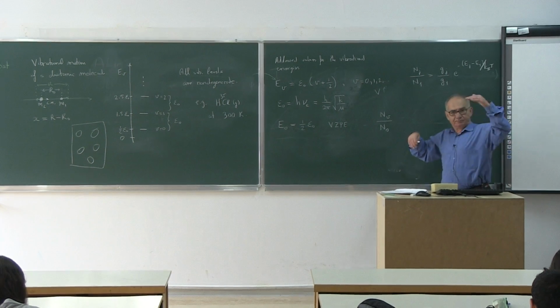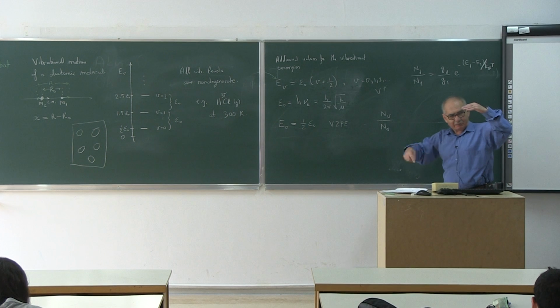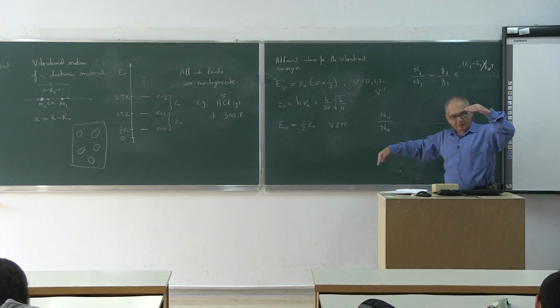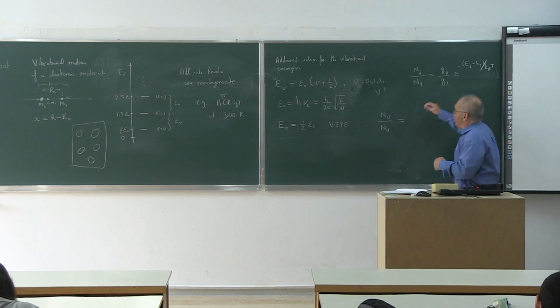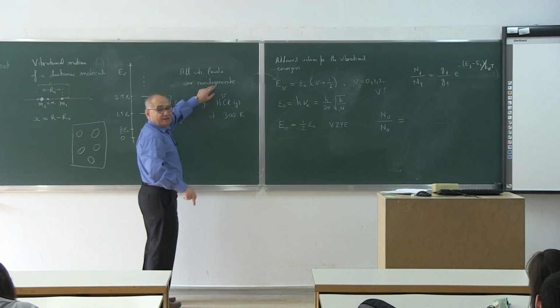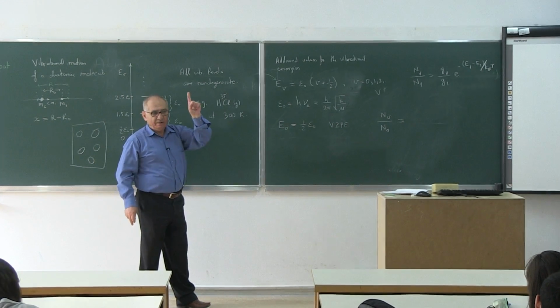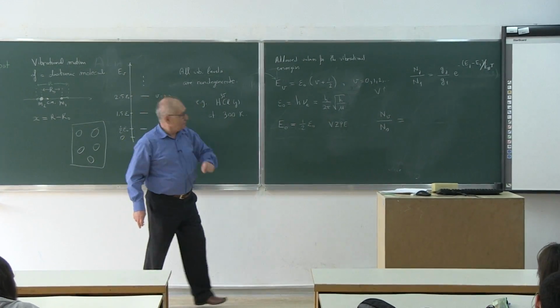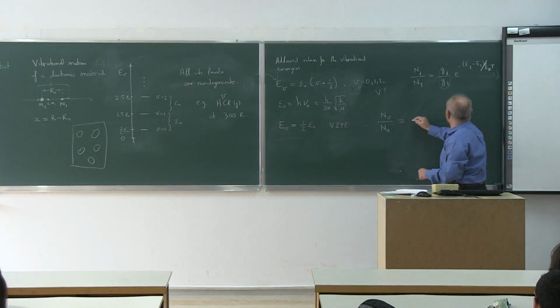Population of the vth vibrational level relative to those in the ground vibrational level. All vibrational levels are non-degenerate, which means all g values are 1. So this factor is 1.